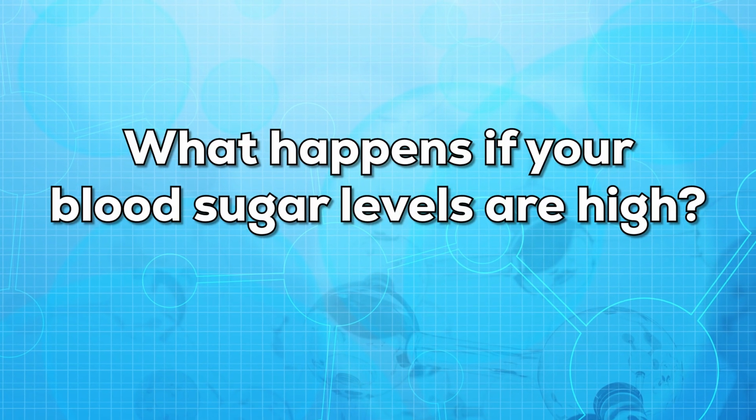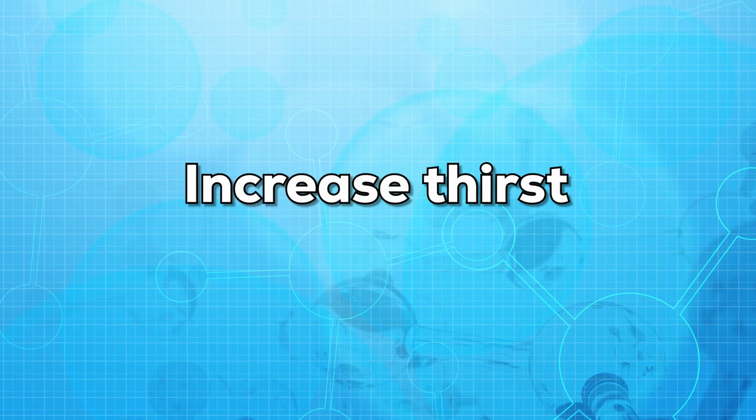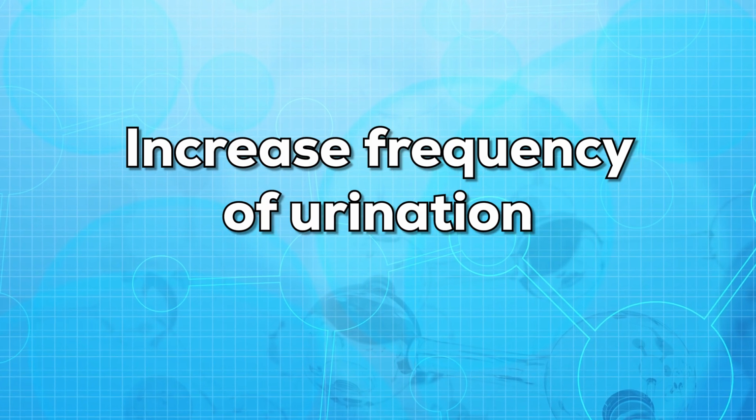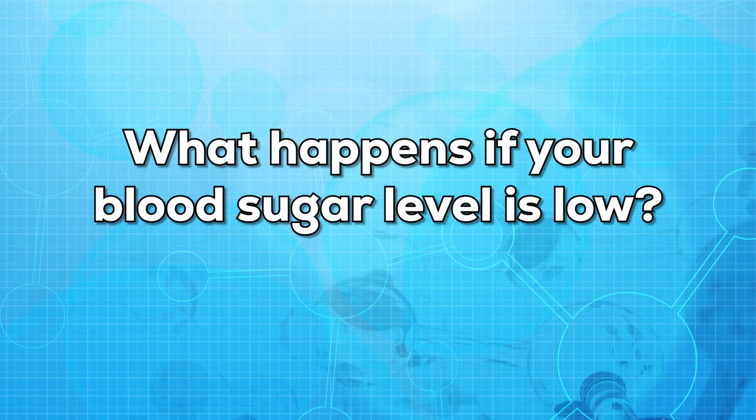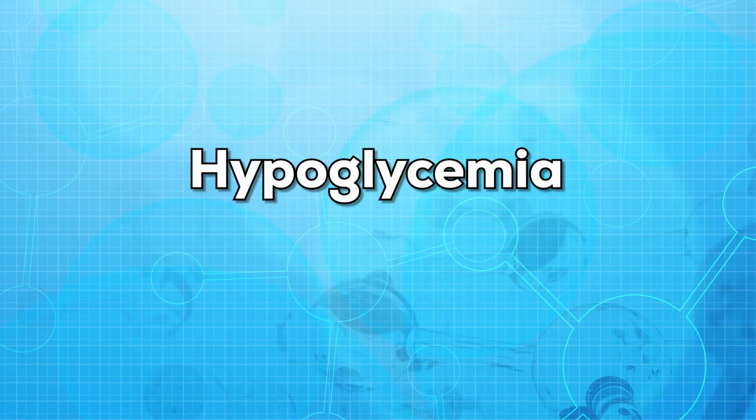Now, let's see what happens if your blood sugar levels are high. If your blood sugar levels are high, you may have increased thirst, increased frequency of urination, blurred vision, fatigue. If your blood sugar is low, that is hypoglycemia, then you may have anxiety, confusion, and headache. If these conditions are left untreated, they may cause severe health issues.